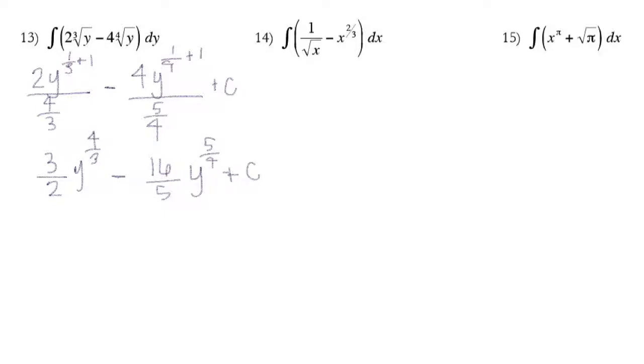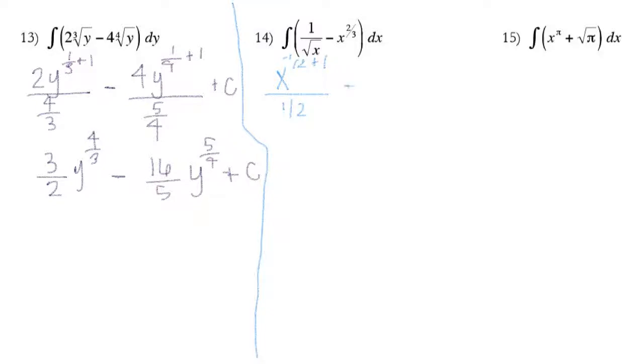Okay, and for the next one, I'm going to change colors again because this can get pretty messy with all this. So let's see, we have here x to the negative 1/2 plus 1 over, well, negative 1/2 plus 1 is positive half.